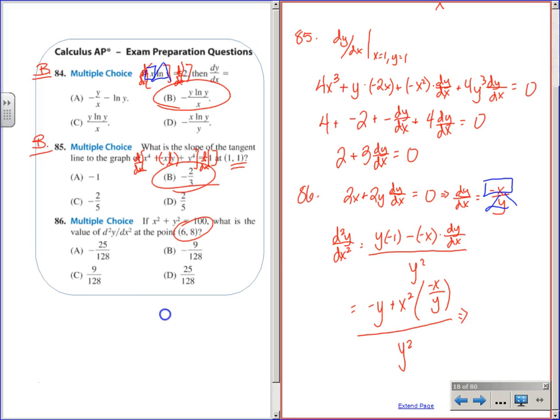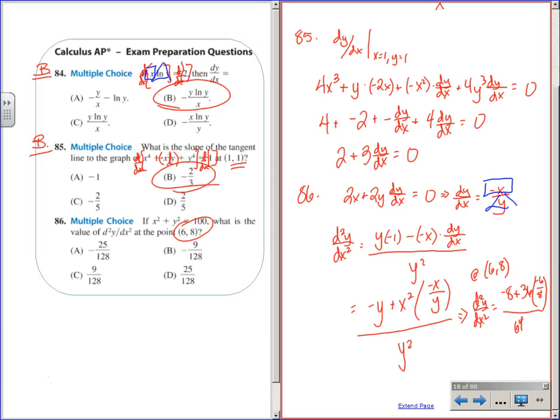But once I have the dy dx in, technically it'd be illegal to say equals and then put in numbers. But I could do a little such that, or I can just do some sort of this implies arrow at the point 6,8. d squared y over dx squared is equal to, plugging in 8, negative 8, plugging in 6, that'd be 36, plugging in 6 and 8, and then plugging in 8, that's 64.